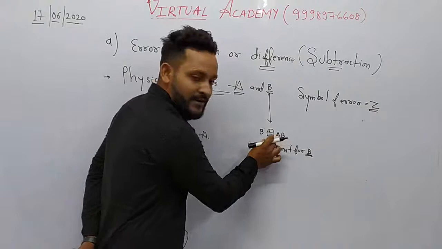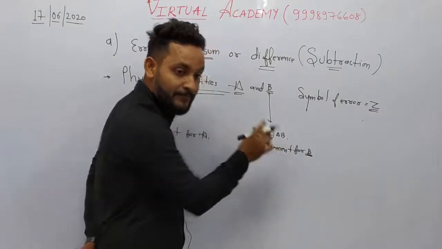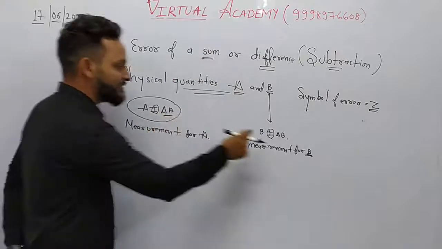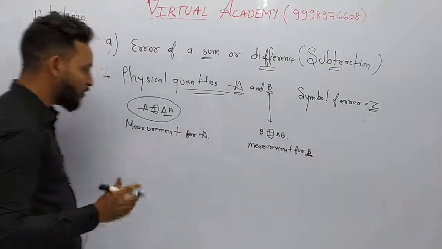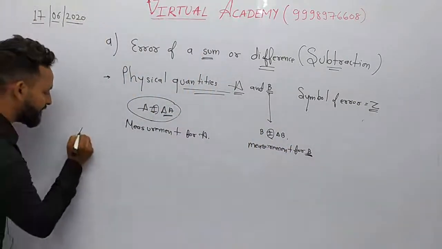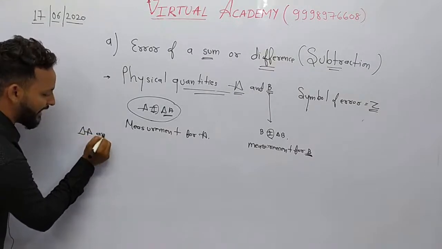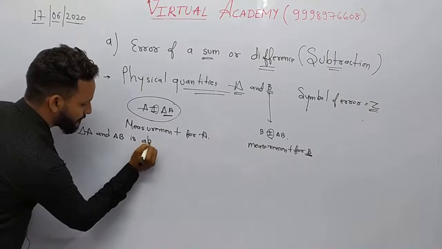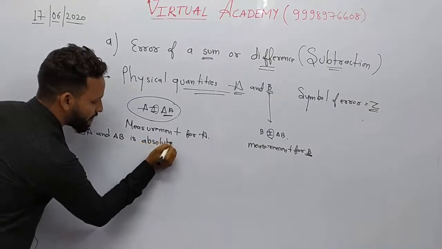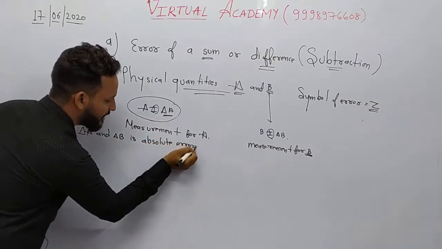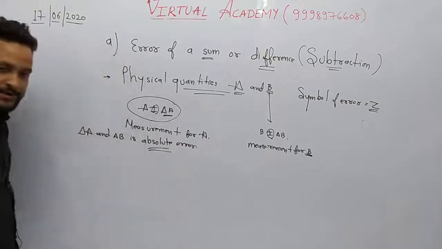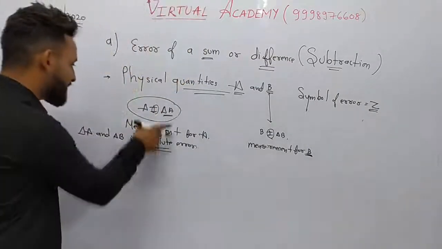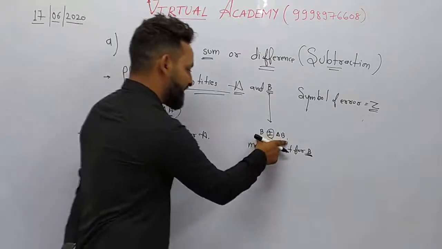Our absolute error may be positive or negative, because delta A and delta B are not given in modulus. So delta A and delta B are absolute errors. What are delta A and delta B? Absolute errors. Clear student? Please give me a thumbs up if you are understanding very well. A plus delta A, B plus delta B.